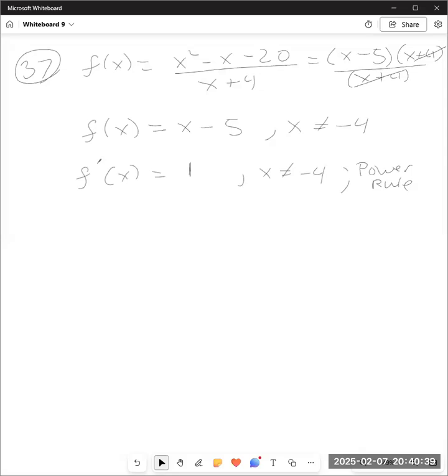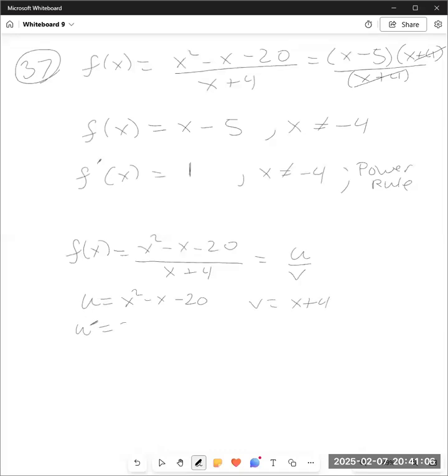Let's see what would happen if we jumped into this problem without factoring. So method 2 here. If we said that u is equal to x squared minus x minus 20 and v is x plus 4, then u prime is 2x minus 1 and v prime is equal to 1.